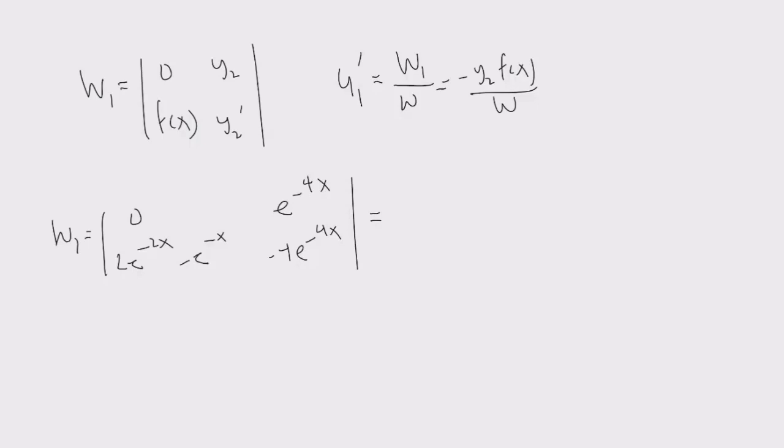All right, so 2e to the negative 6x minus, ooh, this whole thing is negative. This is why I don't want to rush these things in my head. Minus, sorry, yep, that's right, minus e to the negative 5x.